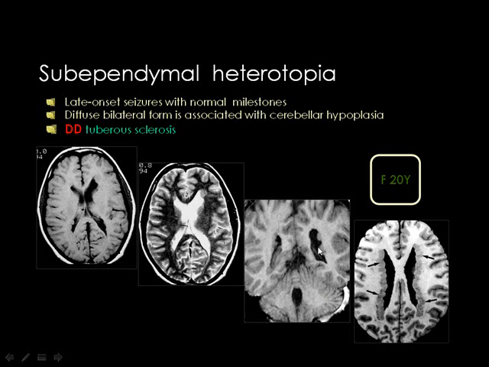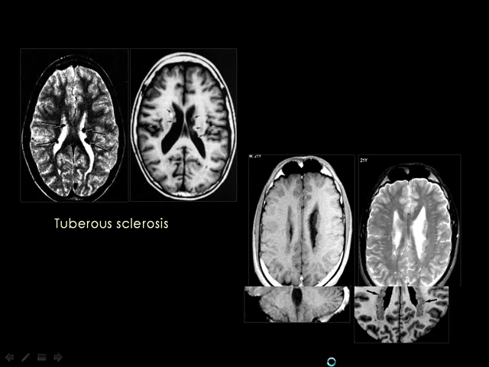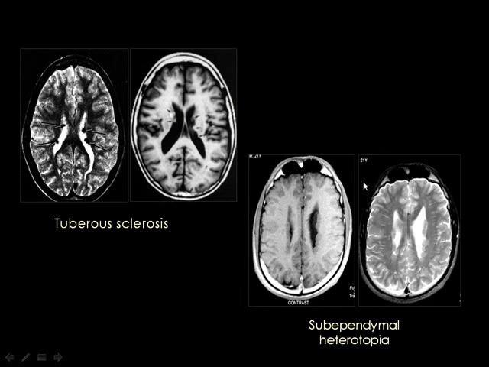If you inject contrast material, these lesions will not enhance because they represent normal cortex in abnormal location, and this situation should be discriminated from tuberous sclerosis. In cases of tuberous sclerosis, before the tubers get calcified, they will enhance with contrast material, but the heterotopia will not enhance with contrast material.